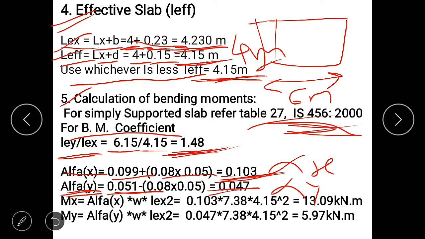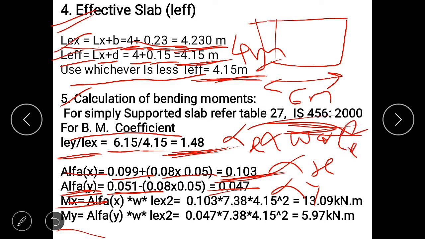To calculate the moment in x direction and the moment in y direction, the formula is alpha x into w into Lx square.